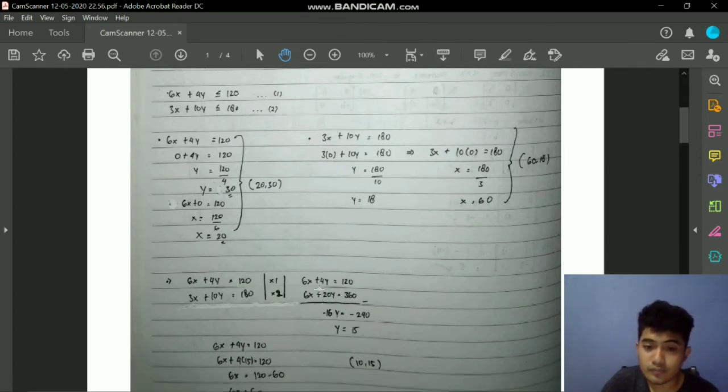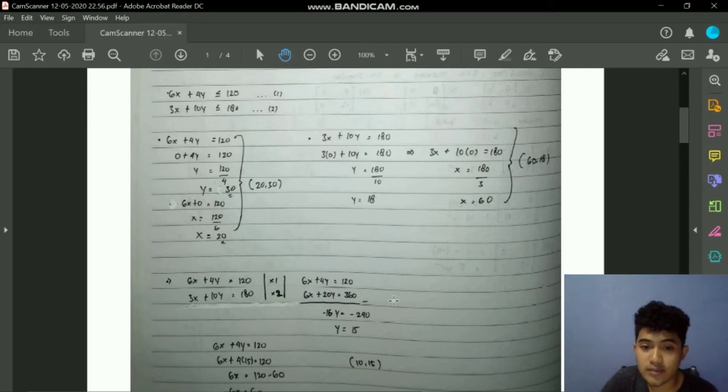So we multiply the top by 1 and the bottom by 2, and we get 6x plus 4y equals 120 and this, and we subtract them.